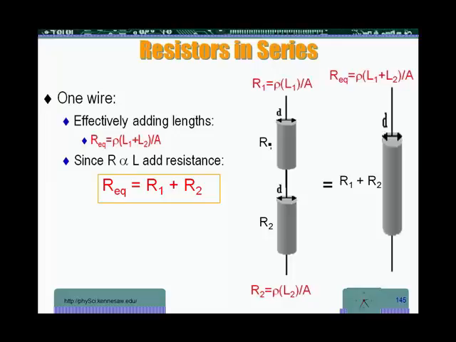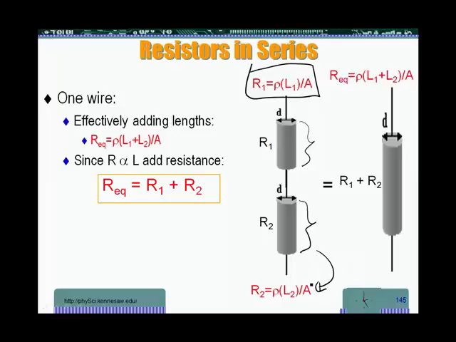We'll go to the basics, the meaning of resistance. Remember, this is the equation for resistance, rho L1 over A. So let's have two identical wires. This one has a resistance R1 given by the expression on top, and this is R2 given by this expression.